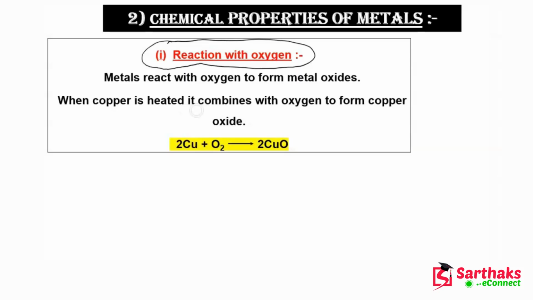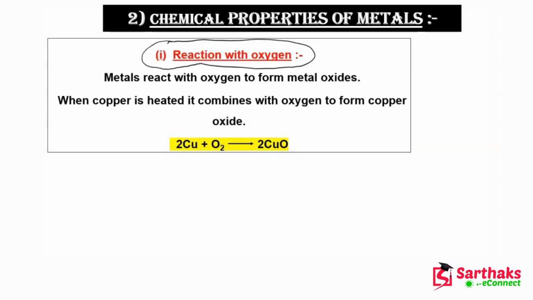When copper is heated, it combines with oxygen to form copper oxide. This is an example. This happens with all the metals. They react with oxygen and form metal oxide.